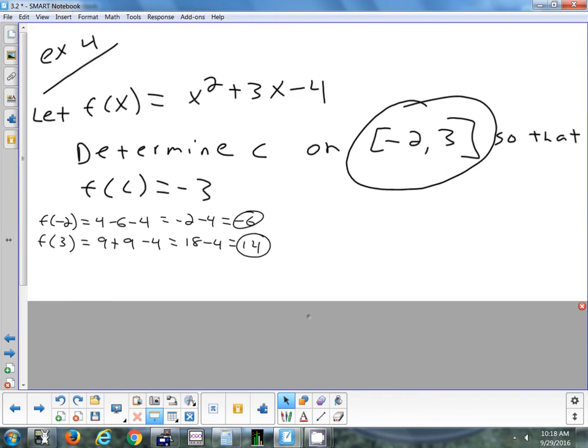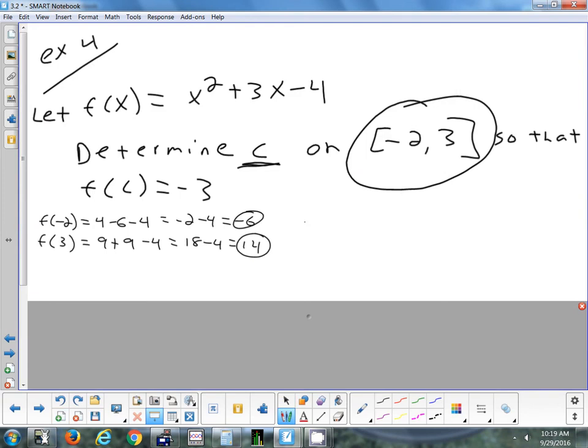All right, so how would I figure out where this function hits -3? Where would I fill in my -3? Would you plug it in? For -3? Where would you plug in -3? On the y. Yes, you're plugging that in for y, and you're solving for an x.